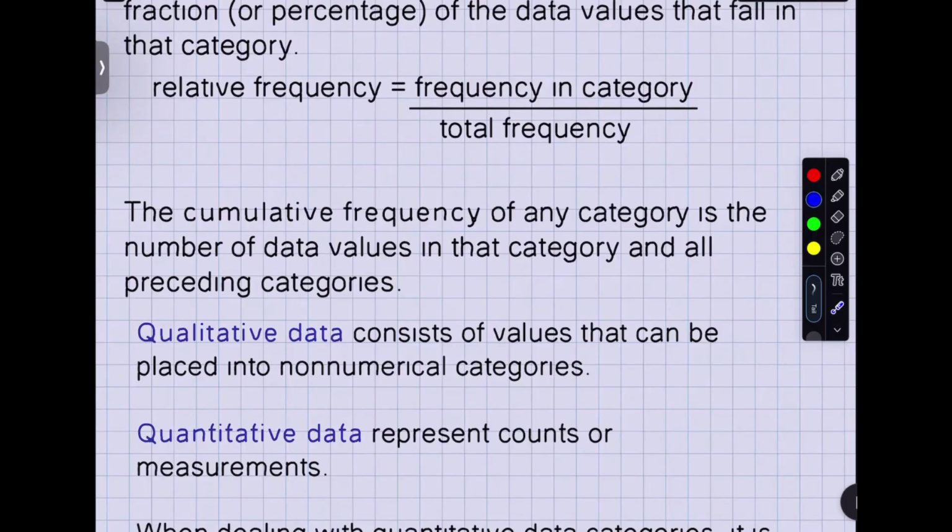Cumulative frequency is the accumulation of how many you have at that point in time. So at the end of the cumulative should be the number of data points that you should have.